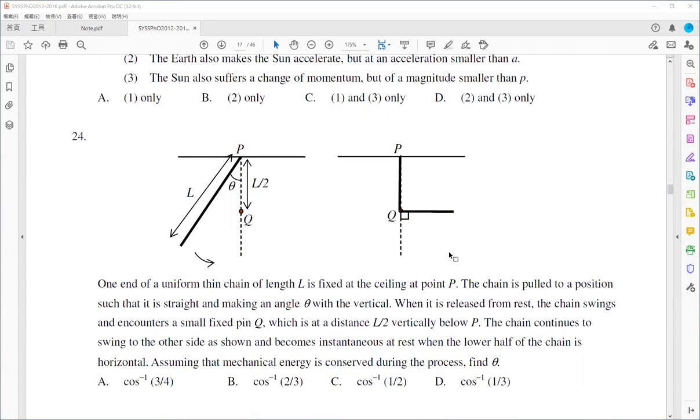Let's have a look at question 24. This is also a common type of question. We take a look first.